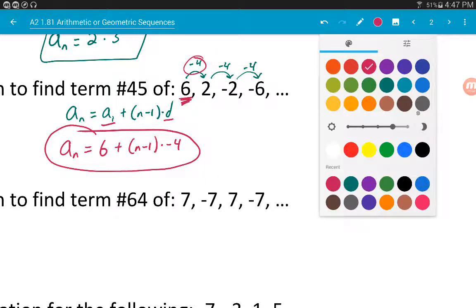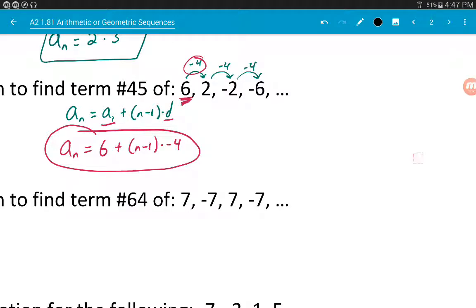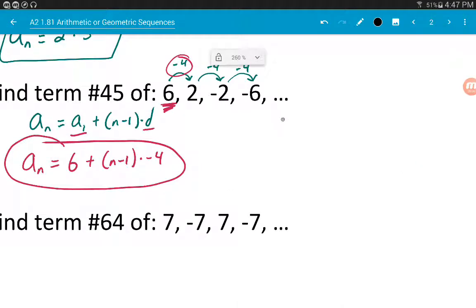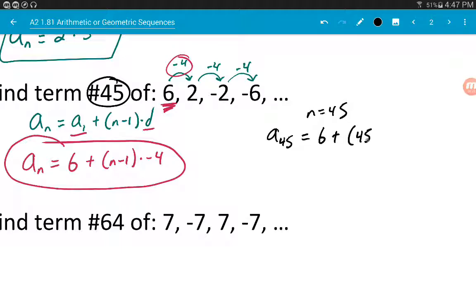Now, if I want to find the 45th term, I'm going to have to plug 45 in for n. So 45th term, that means n equals 45. So let's plug in. A sub 45 is equal to 6, forgot the plus, 45 minus 1 times negative 4.